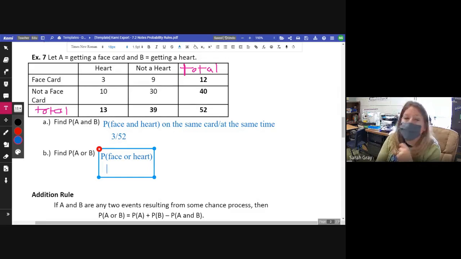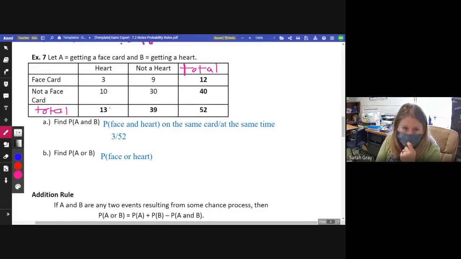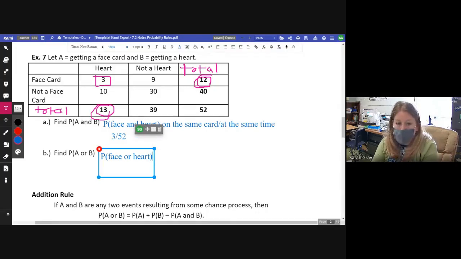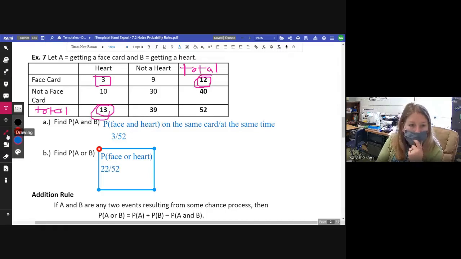It's 22. You don't count 3 twice. There are 13 hearts and 12 face cards, but this 3 is in both columns, so we don't want to count it twice. So we're looking at 22 out of 52.